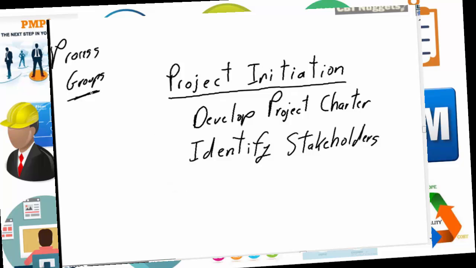So again, the process groups put what we do as project managers, as defined in the knowledge areas, into play. Sounds like a life cycle, very related to a life cycle, but not totally a life cycle because, again, we do project initiation at each key milestone or after each key milestone in our project.